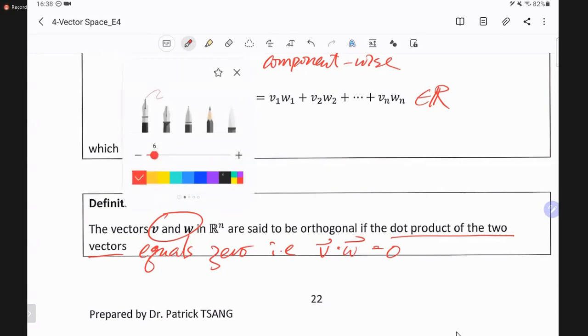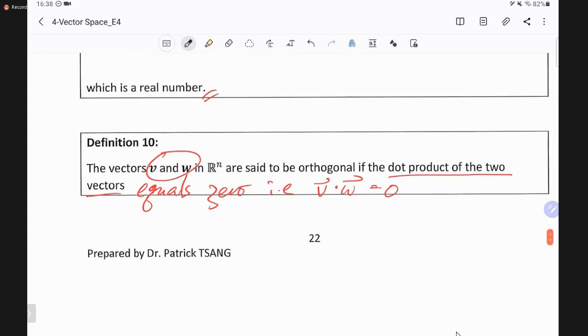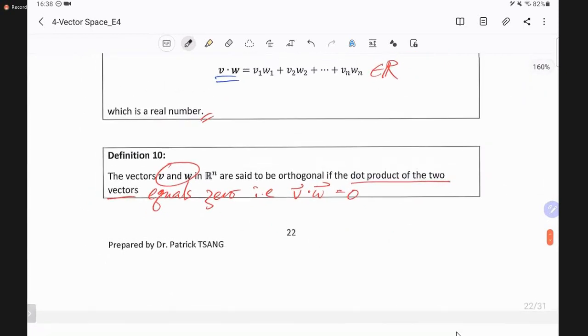Let me briefly write down the summary for this definition. It means that if we want to verify whether or not two vectors are orthogonal to each other, it suffices to check the dot product. Let me repeat.